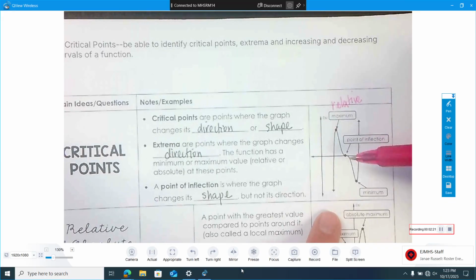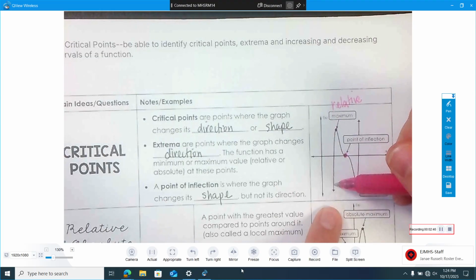Now, we have this point highlighted here, point of inflection, it's called, right here. This is a point of inflection. This is actually wrong, but that's okay. I'll go with it for now.